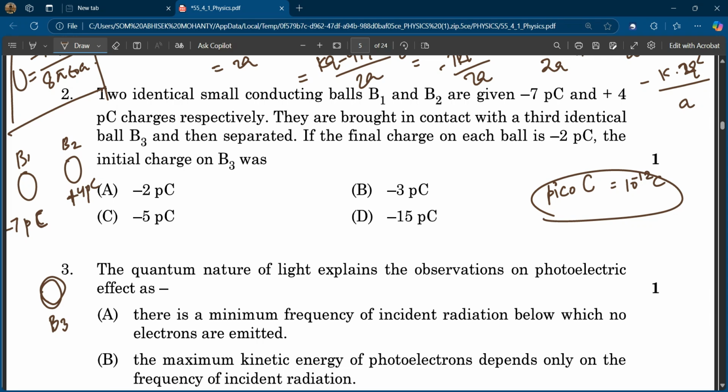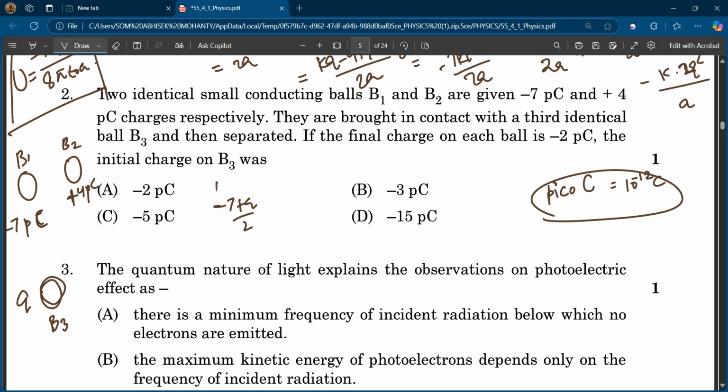B3 is an identical ball and its initial charge is not given. Suppose its charge is Q. When in contact with B1, the final charge on each of B1 and B3 will be (minus 7 plus Q) by 2.